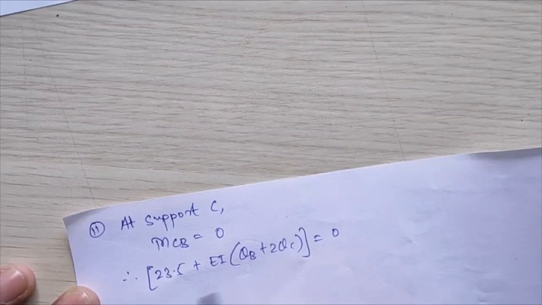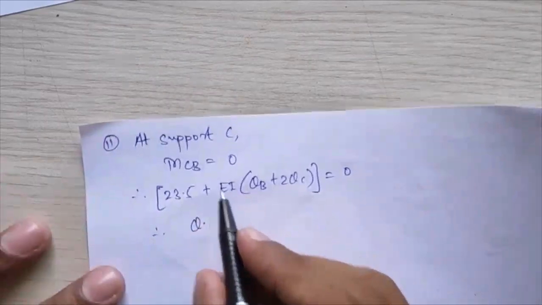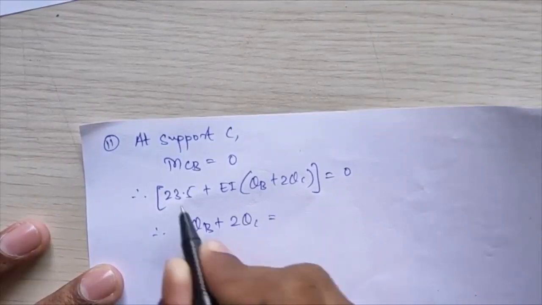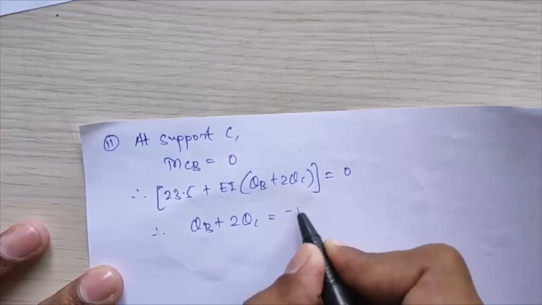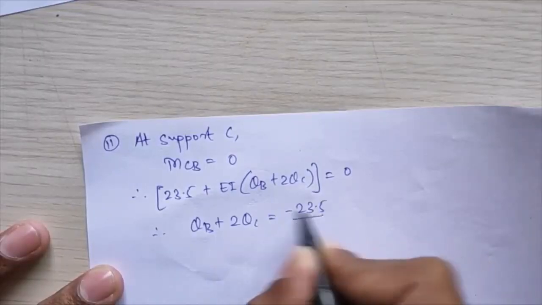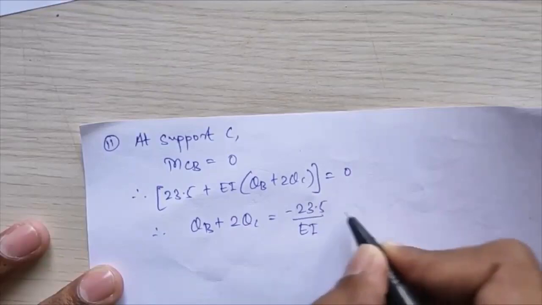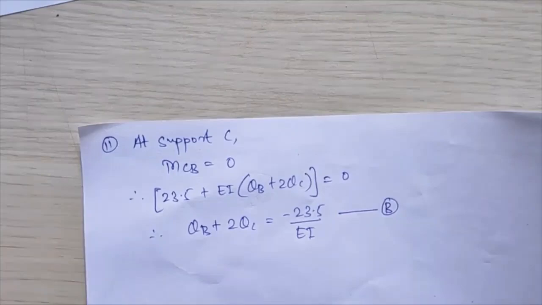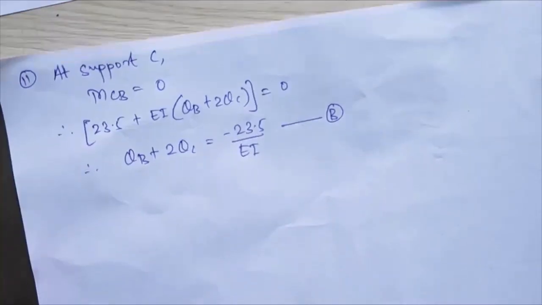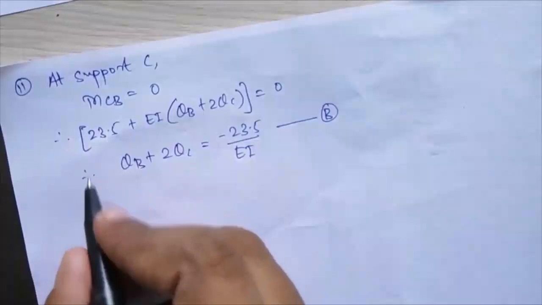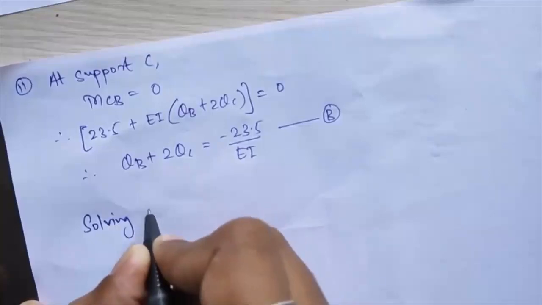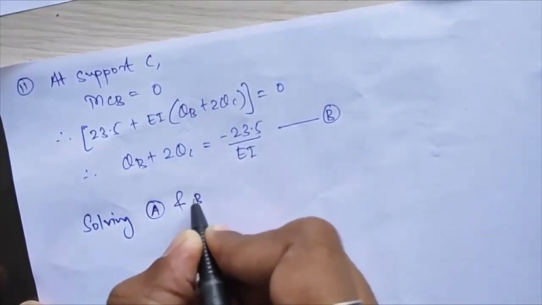If I simplify this further, I'll get theta b plus 2 times theta c is equal to minus 23.5, and this EI will get divided. That will be my equilibrium equation number B. Now we'll solve equation A and B simultaneously.